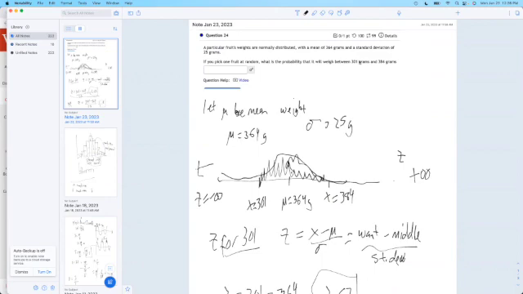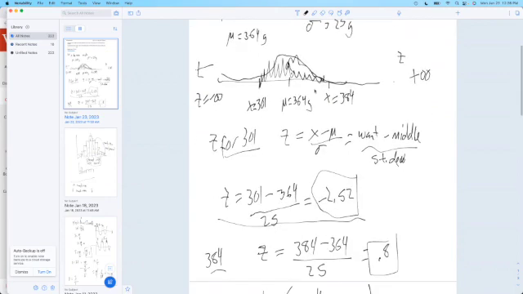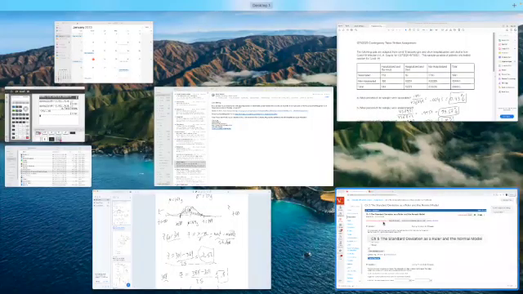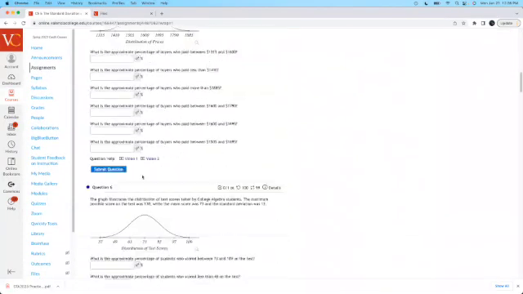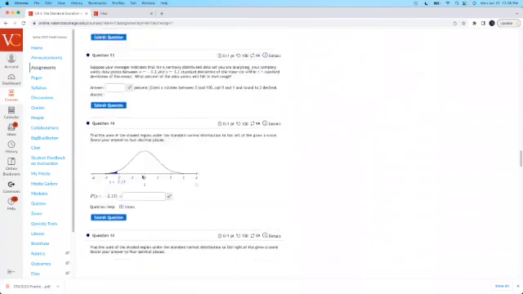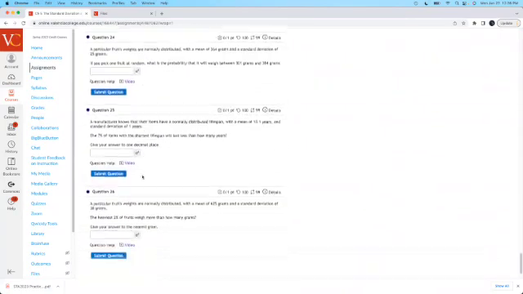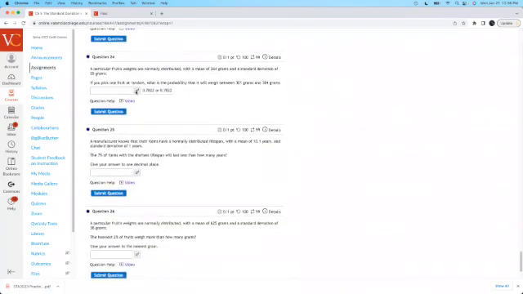Or the probability that I pick a single fruit and it weighs between those two is 78.2%. So which one was that? It was number 24. There's the answer.